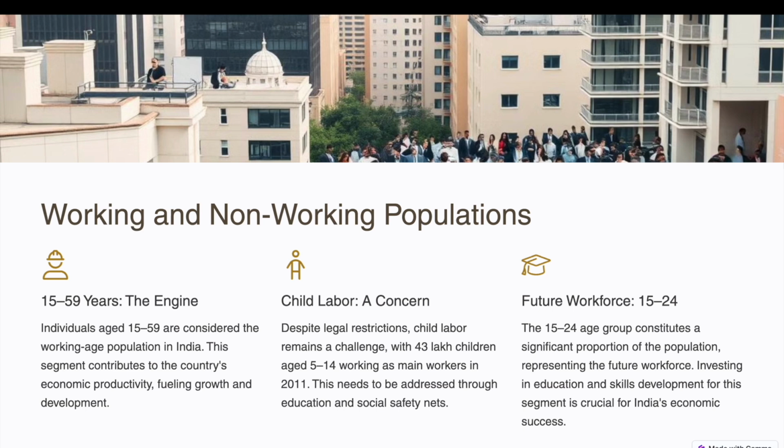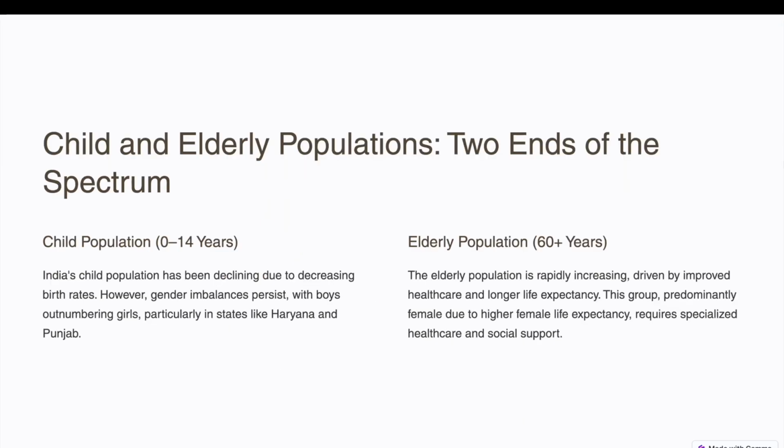Aging population. As populations age, we witness a shift. The number of children decreases while the elderly population increases. In India, the elderly population, 60 plus, reached 10.38 crore in 2011, and it's rising due to increased life expectancy and better healthcare.